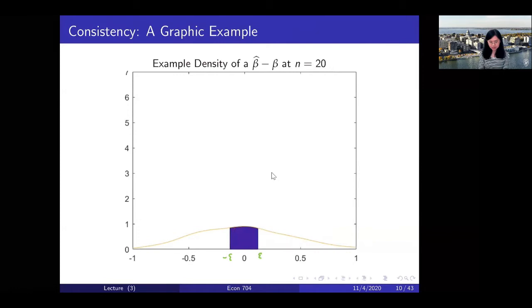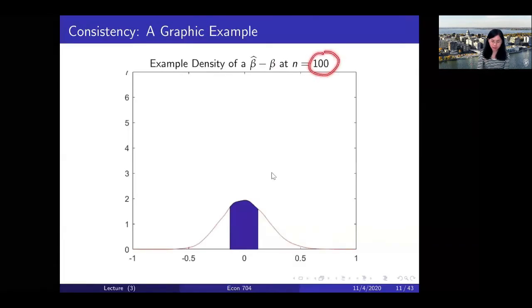But let's see what happens when you increase the sample size to 100. When you increase the sample size to 100, then the relative area of this part within minus epsilon and epsilon is bigger, much bigger than on the previous graph.